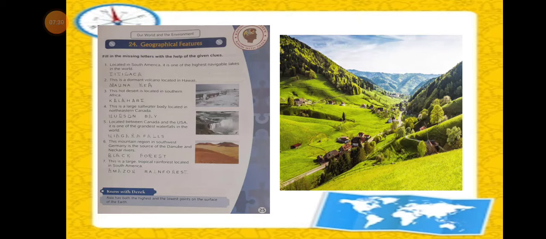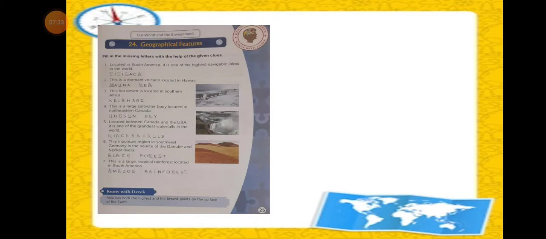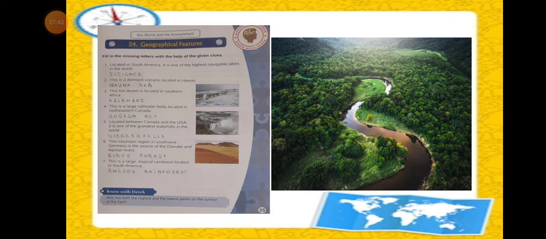Okay, children. Next one, number 7. This is a large tropical rainforest located in South America. So everyone is aware of this large tropical rainforest, and it's none other than the Amazon rainforest. You can see the picture out here of the Amazon rainforest.